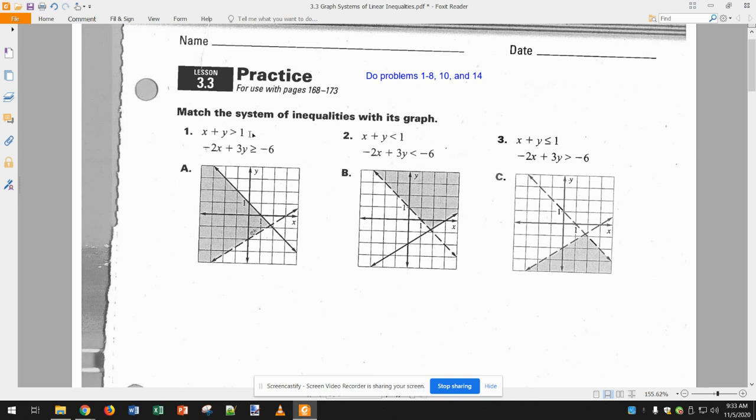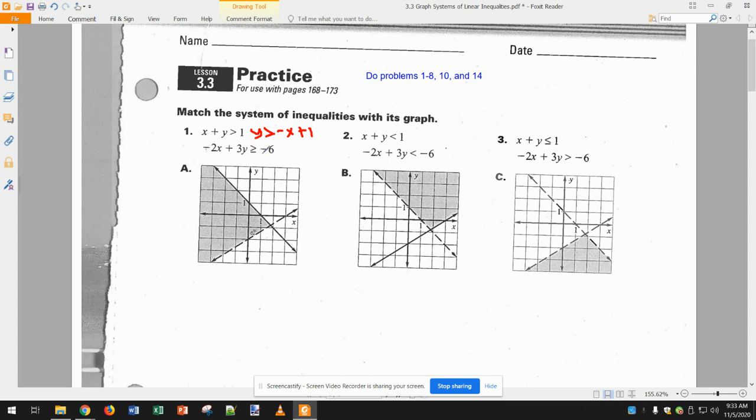So in this video, I'm going to explain the homework for 3.3. So with graphing systems of inequalities, it's always a good idea to get the equations in slope-intercept form. So this one, we would have y is greater than negative x plus 1.